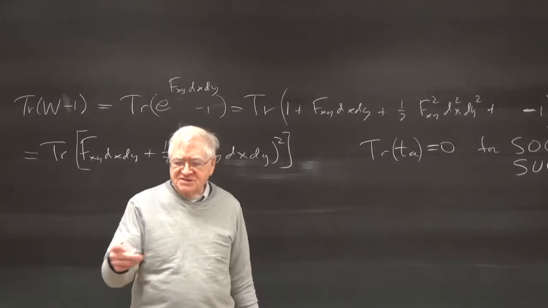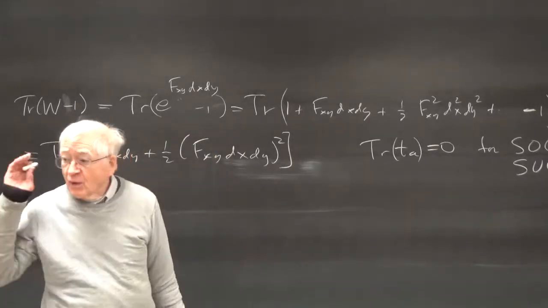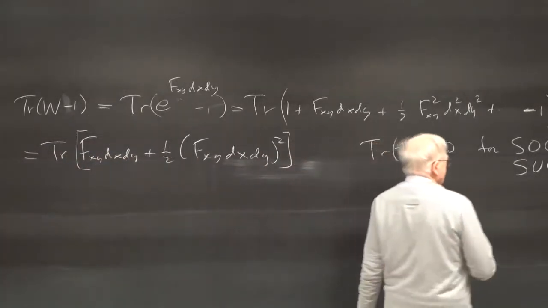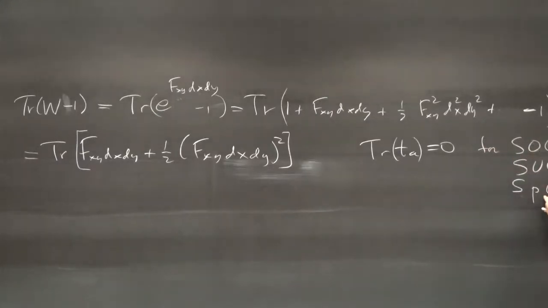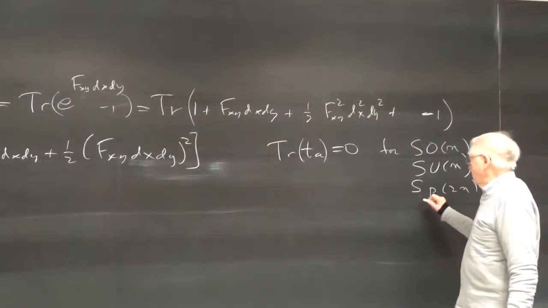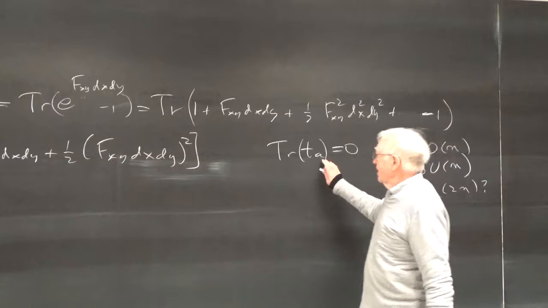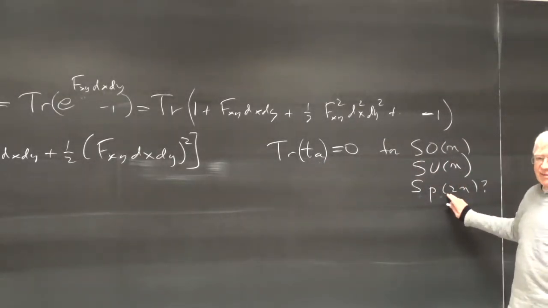Just the standard Lie groups, not the exceptional ones. Symplectic. Yeah, the symplectic group. And so that would be Sp(2N). Now, whether their generators are traceless, I actually don't remember. So I'm going to put a question mark there. But as I said, everybody ignores the symplectic group.